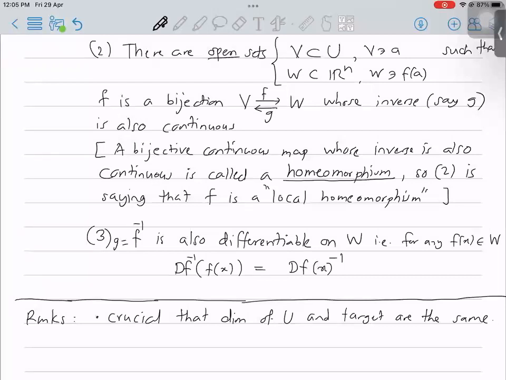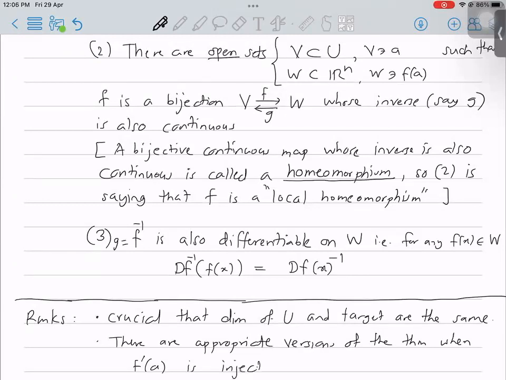But there are appropriate generalizations, or appropriate versions, let me say, of the theorem when f prime of a, instead of being invertible, is just injective, or even arbitrary.